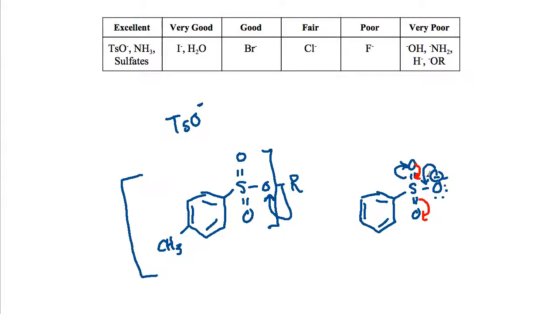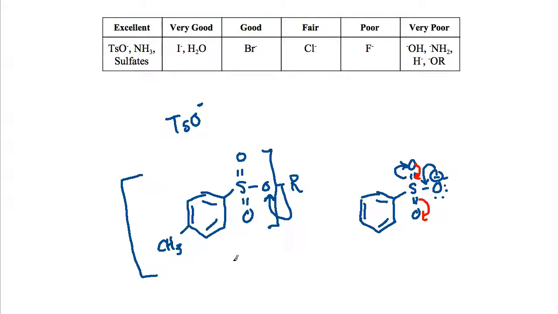And if I can basically weaken this by delocalizing it, I can suppress its energy by delocalizing those electrons, that means that it's going to make a great leaving group because it is very enticed to go out, leave, sit in solution, and it's stable. It can just kind of hang out there as those electrons are delocalized over multiple oxygens. Okay, so that's why the tosylates and the sulfates are fantastic as leaving groups.